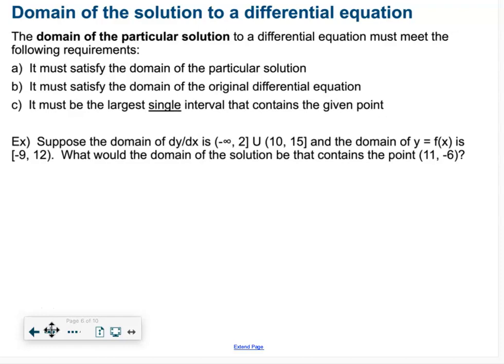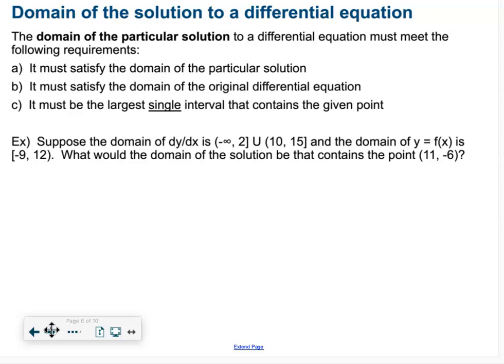So step 1, it has to satisfy the domain of the original differential equation. So when you've got your dy dx, if there's any x values that need to be excluded from that domain, then they have to be excluded from the final domain. It has to satisfy the domain of the solution, obviously. So if there's any x values that cause the solution to have a problem, those have to be excluded.